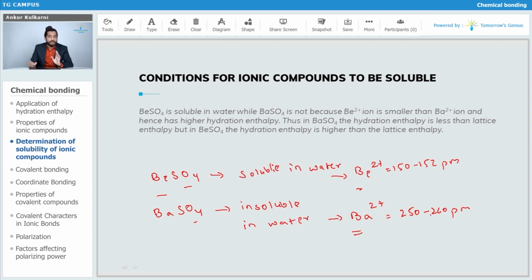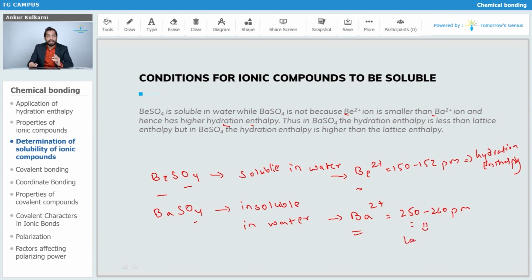These are general values that I am giving you. So we can say that the beryllium ion is smaller than the barium ion, and hence hydration enthalpy is higher in whom? Beryllium. Why? Because the size of beryllium is smaller while the size of barium is larger. So hydration enthalpy is less in barium.